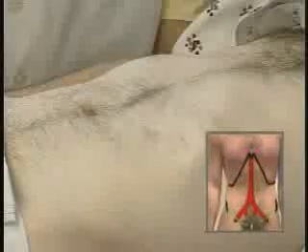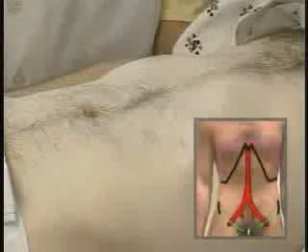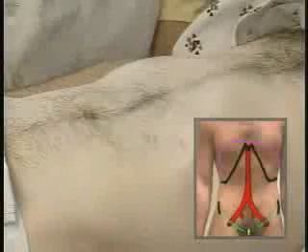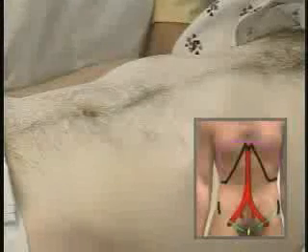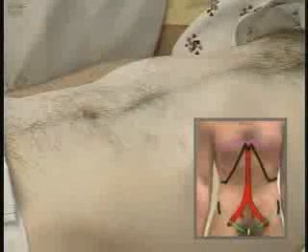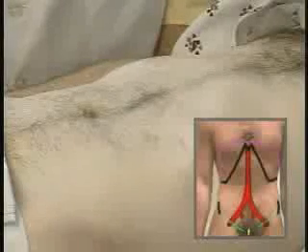Next, let's review the surface markings of some of the major arteries that go through the abdomen. The abdominal aorta begins as a direct continuation of the thoracic aorta at the level of T12 or L1, where the thoracic aorta passes through the diaphragm. It's what's known as the aortic hiatus, which is approximately the midline of the diaphragm.